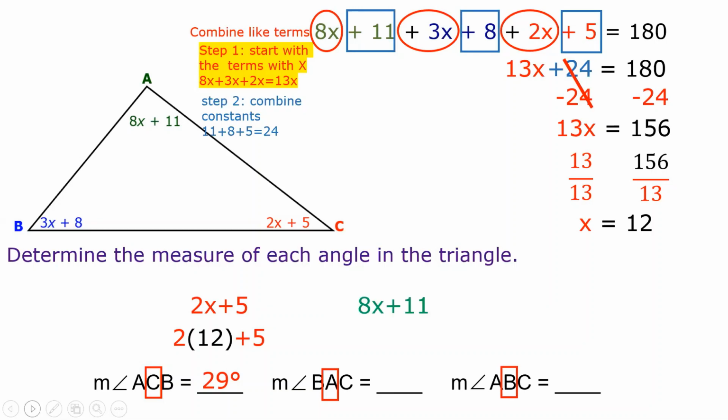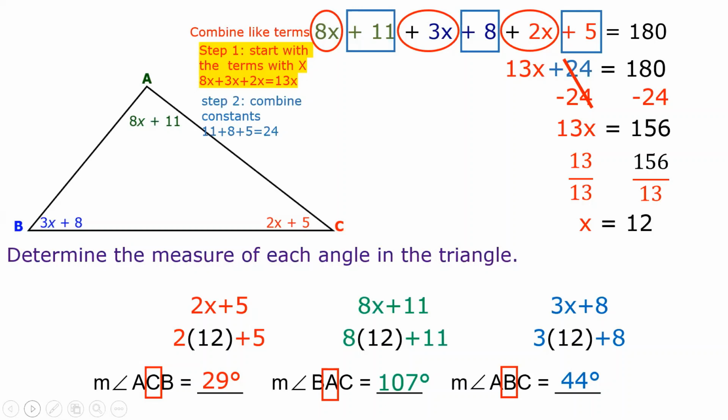You're going to move on to find the angle measure for A, which would be 8x plus 11. 8 times 12 plus 11 would give you 107. And then the last one would be angle B, which would be 3x plus 8. 3 times the value of x, which is 12, gives you 36, plus 8 would give you 44.